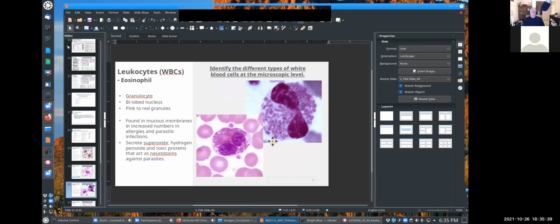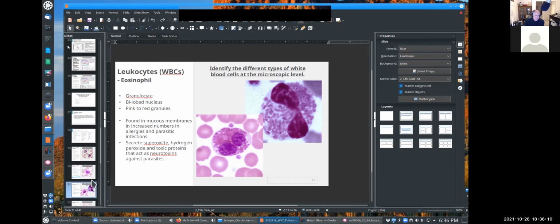Then eosinophils. They always have two lobes, but the characteristic is, are they going to have pink or red granules. And they're unique in that they're the ones that are seen primarily in allergies or parasite infections.